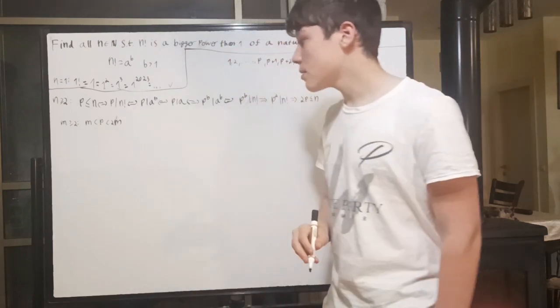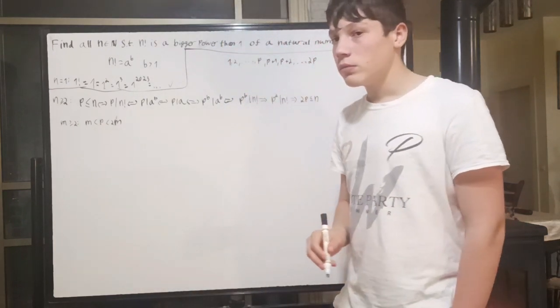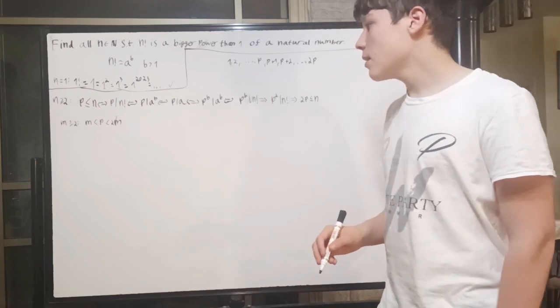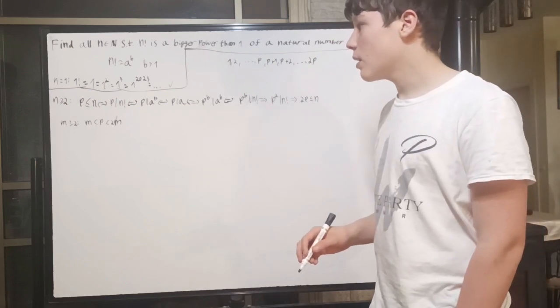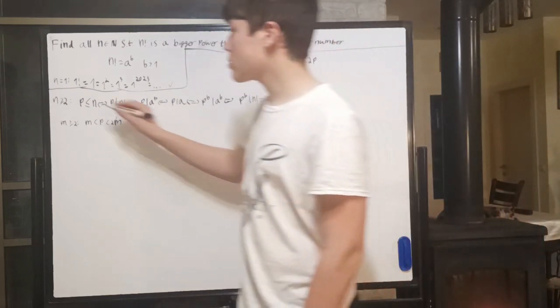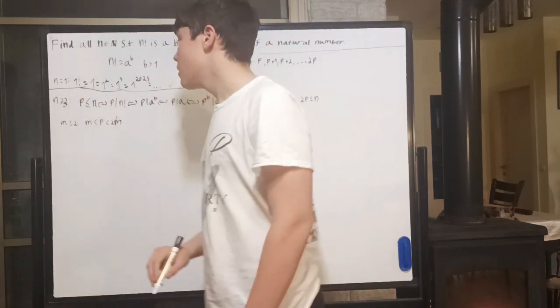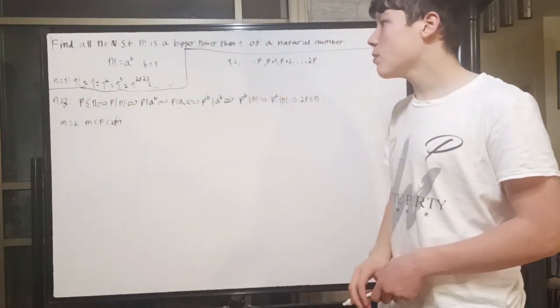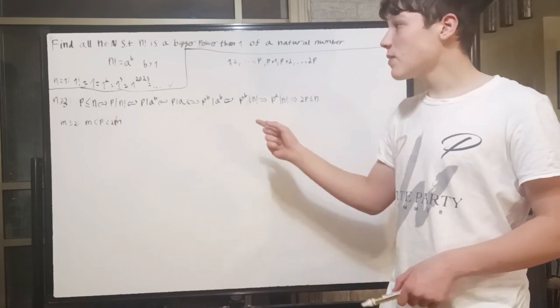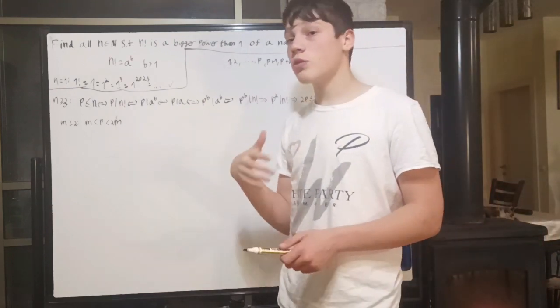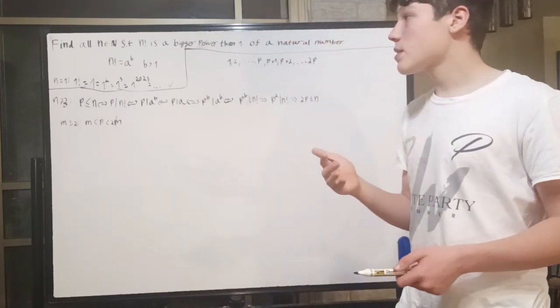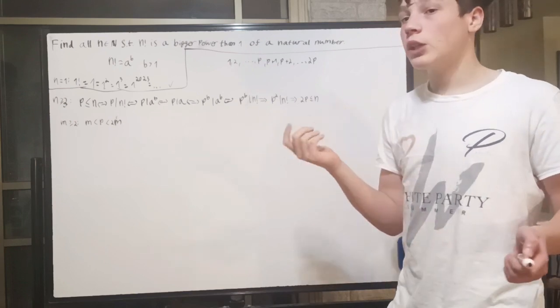This is a true fact, and we'll use it here. n has to be bigger than or equal to 3 for this case. You can see that n equals 2 also doesn't satisfy this, because if n is equal to 2, n factorial is equal to 2, which is obviously not a power bigger than 1 of a natural number.